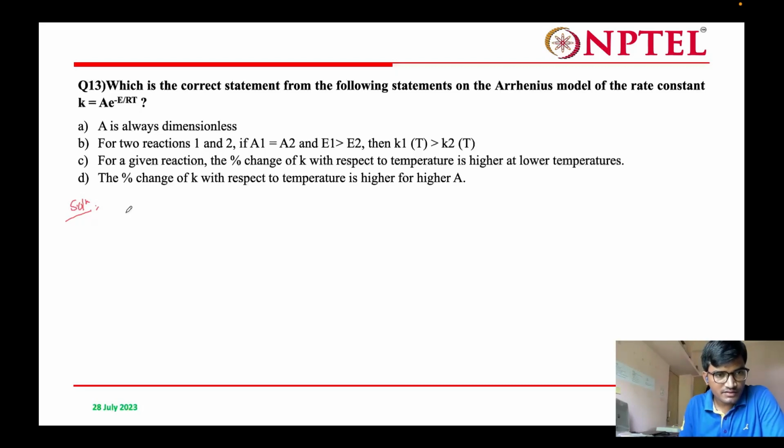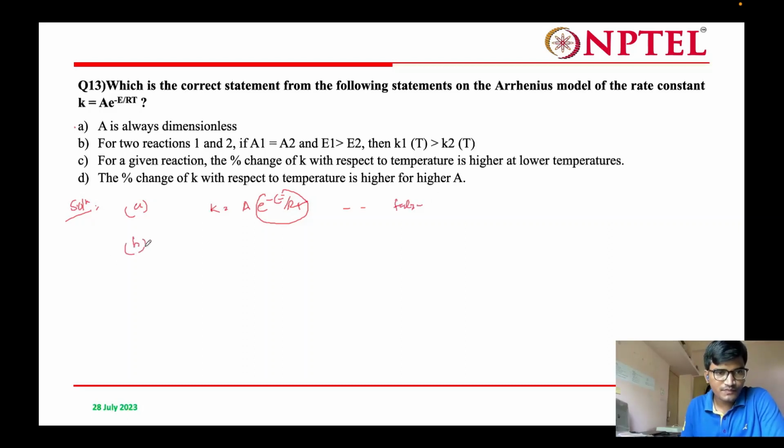Option A says A is always dimensionless. Here in the Arrhenius law, A has the same unit as the rate constant, so A is false.